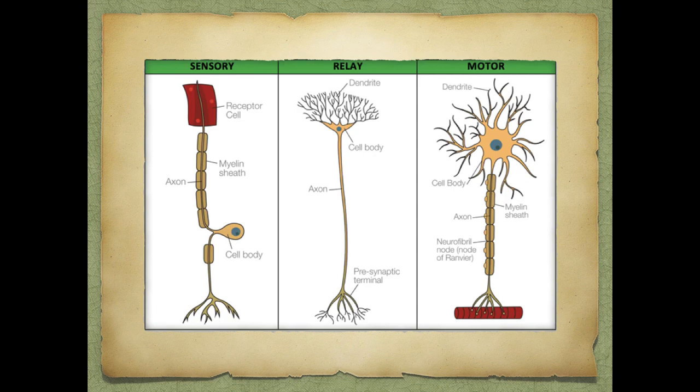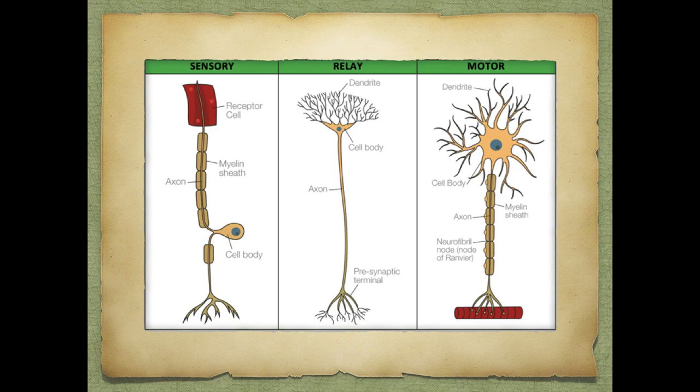A relay neuron, as its name suggests, relays information: it receives information from one neuron and passes it on to another neuron. These relay neurons are found in the spinal cord and the brain. They receive information from the sensory neuron and then pass it on to a motor neuron.